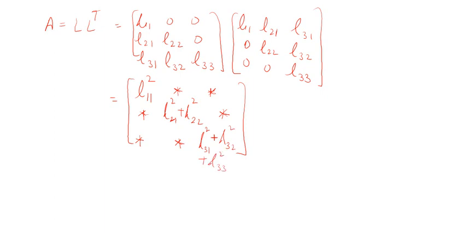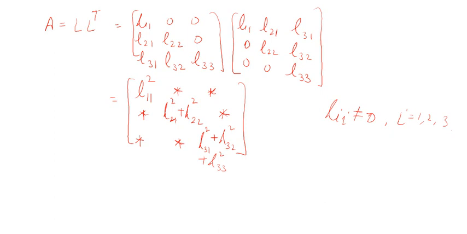Since this is a non-singular matrix, Lii are non-zero, for i equals 1, 2 and 3 in this special case.